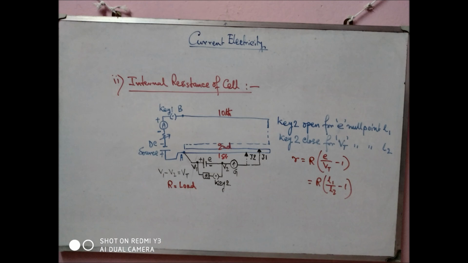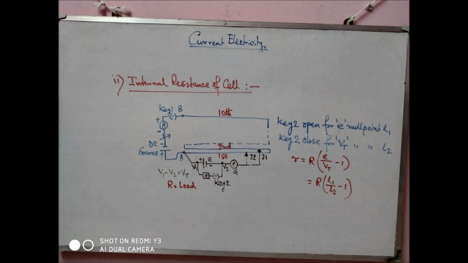Now what is the formula of internal resistance that you have done in the current electricity chapter? The formula is small r, internal resistance, equal to big R, external resistance or load resistance, into bracket E by Vt minus 1. But again for the potentiometer V proportional to L. So E by Vt equal to L1 by L2, as in the previous one we just saw that E1 by E2 equal to L1 by L2.